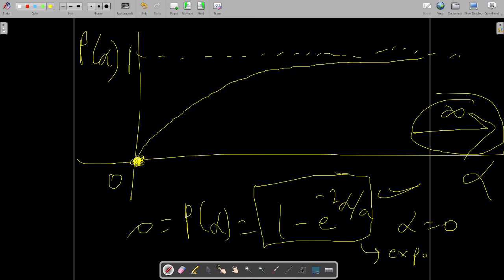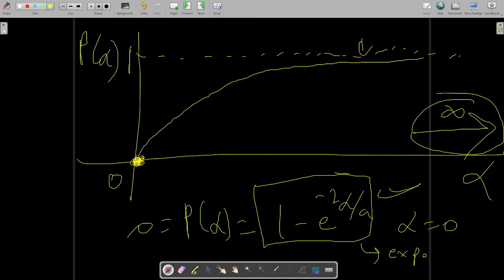So it will reach a limiting value 1 for very large values of alpha. It will almost reach 1, but it will not touch it. This line and this line will not touch, but it will reach almost 1 for very high values of alpha.